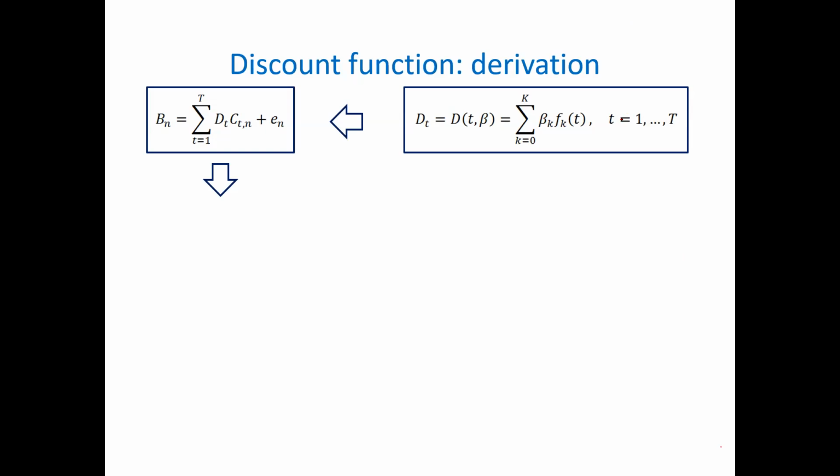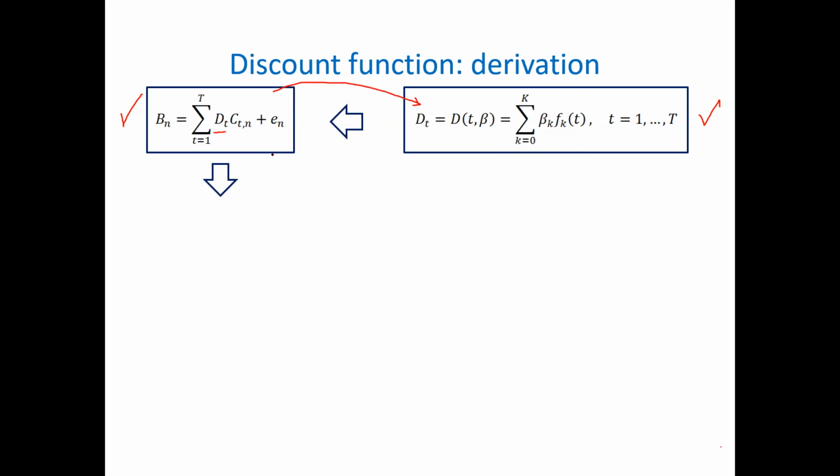So here we have the discount function to the right, just how we define it. And to the left, we have this formula, the linear approach to value coupon bonds. So we know that d_t, the discount price, can be obtained from the discount function. So let's substitute this formula for the discount function instead of d_t into this formula.